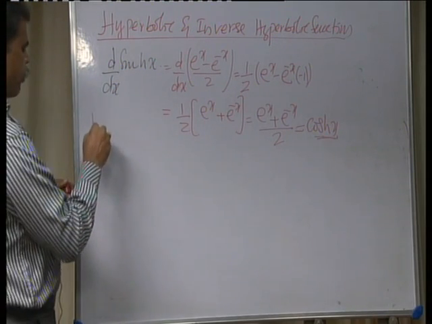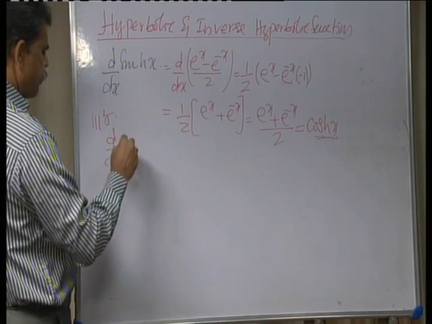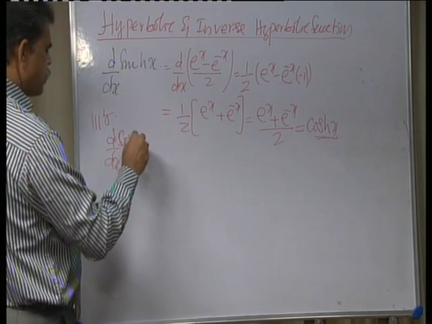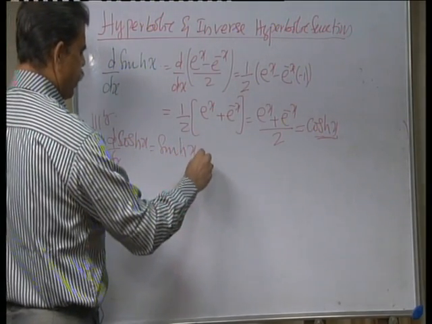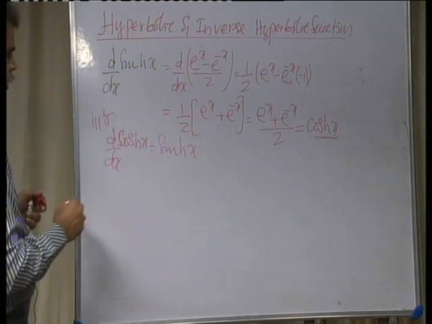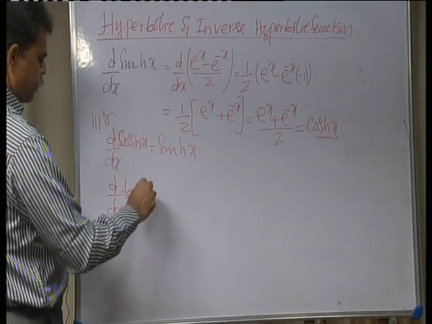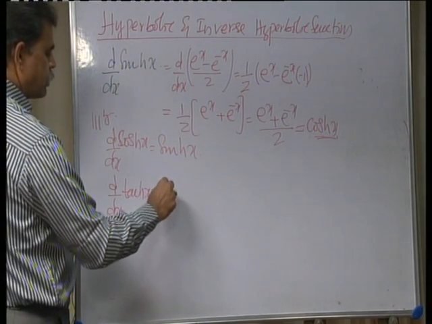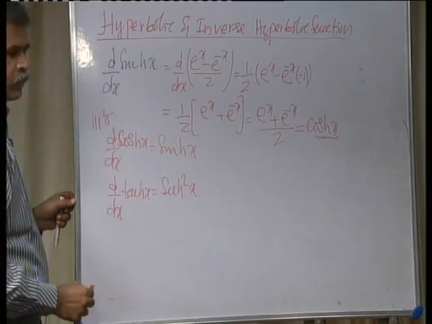Similarly, I can prove that d by dx of cos hx is equal to sin hx. Derivative of cos hx is sin hx. Derivative of tan hx is equal to sech square x.